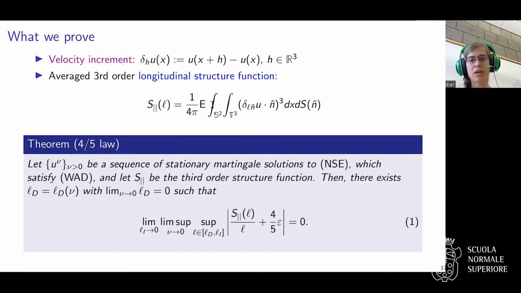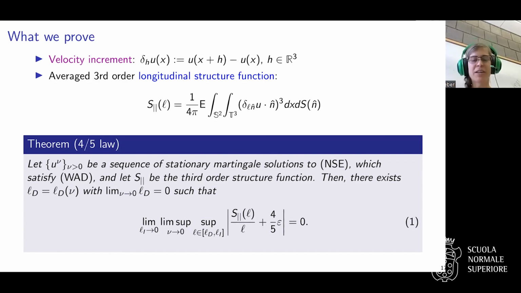Before we did not have these two averages. This quantity here divided by l basically behaves as -4/5 epsilon as we send the dissipation and the integral scale to 0, which is what this theorem says, more or less.